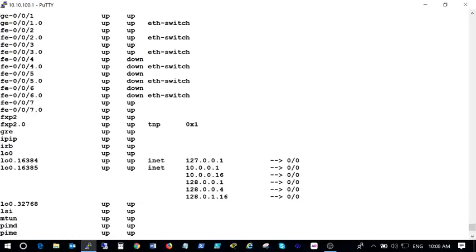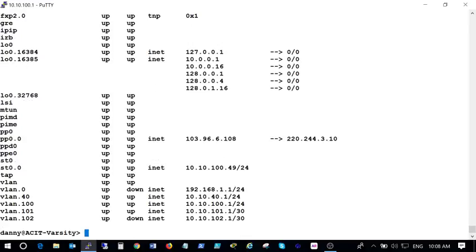All right, so where we see PPP0, that is logical unit 0 on my PP0 interface. So PP0 interface is a logical interface which is used to provide or to encapsulate the PPoE protocol.